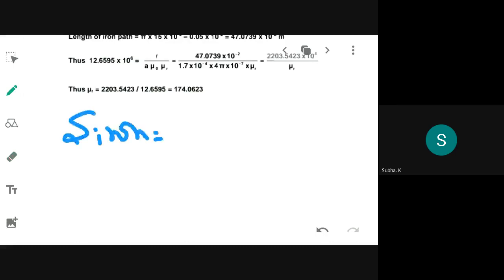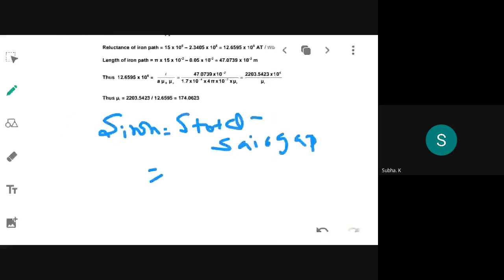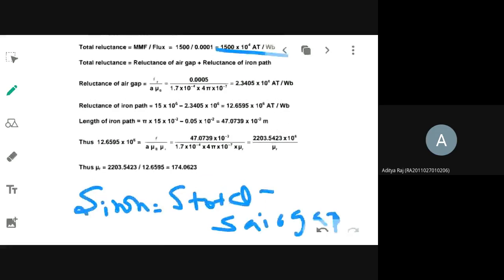Now you need to find out the reluctance of the iron path. For that, you subtract the air gap reluctance from the total reluctance. What is your total reluctance? 15 into 10 to the power 6 ampere turns per Weber minus 2.34 into 10 to the power 6.